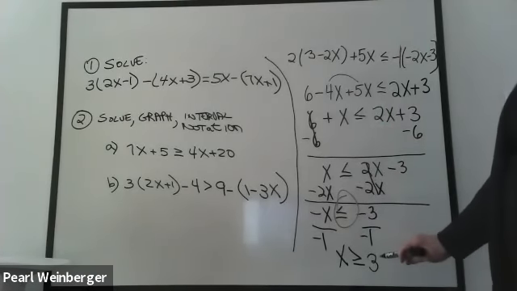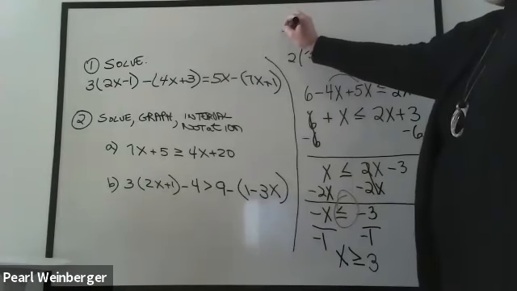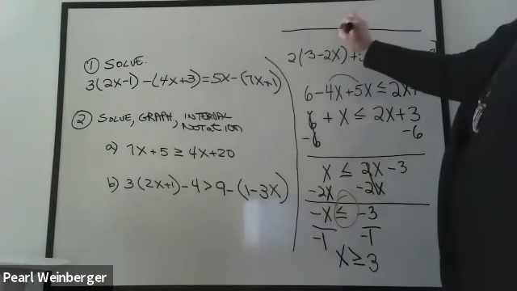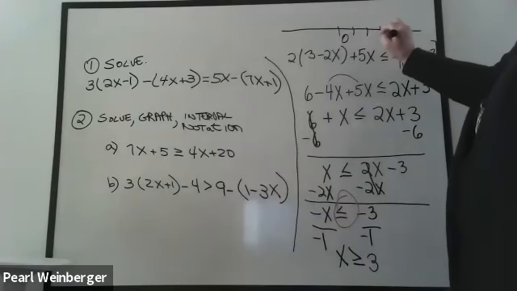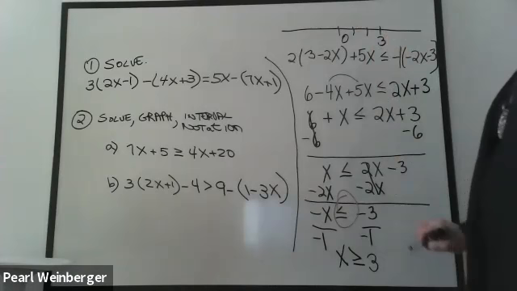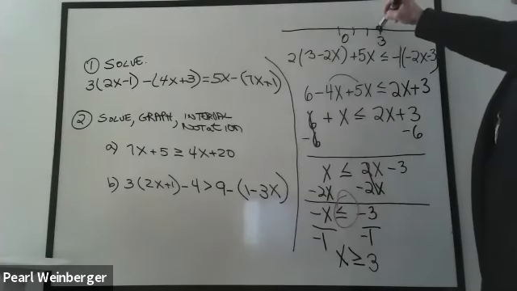Okay. If we want it on the number line, I'm going to go on top. Here's the answer on the number line. Here's 3, 1, 2, 3. At 3, do I make an open circle or a closed circle? Closed, because this is greater than or equal to 3. It has that extra equal sign.